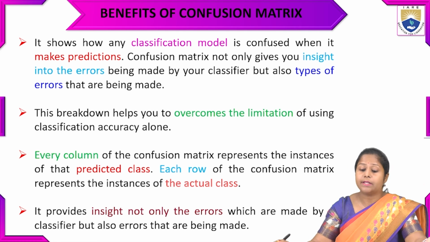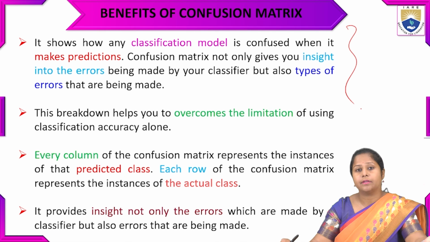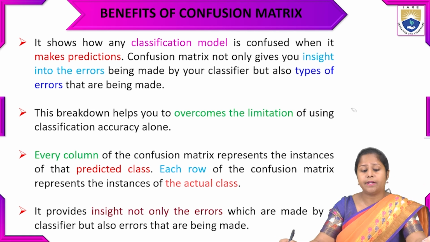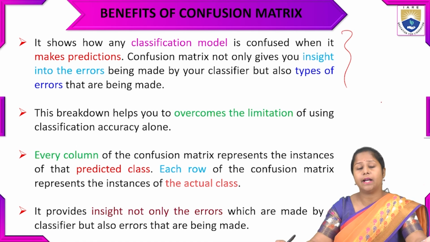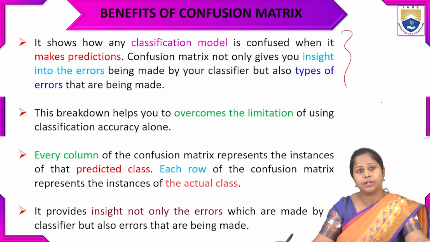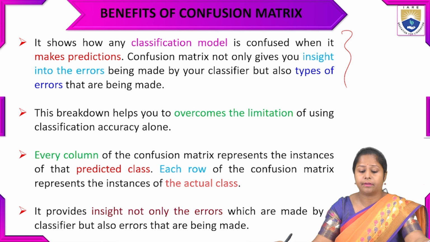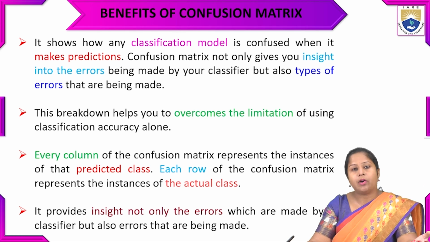So what is the benefit of the confusion matrix? We have completed one method, the confusion matrix. So what is the benefit of using it? The confusion matrix shows where a classification model gets confused when making predictions. Now we have completed all the measures of the confusion matrix.